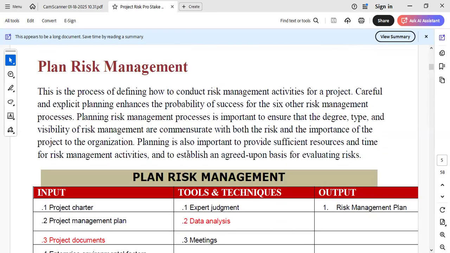So just to remind ourselves, if we have to plan risk management, what do we do? We come up with a process of defining how to conduct the risk management activities for our project. So we will come up with explicit planning that will enable us to reduce the possibility of negative risk occurring and increase the possibility of positive risk occurring.